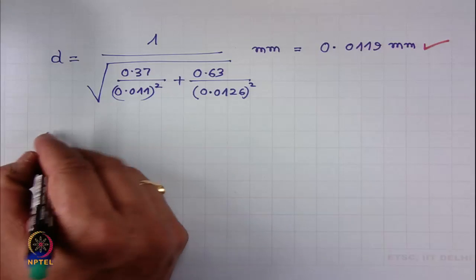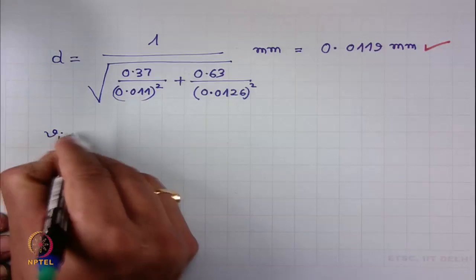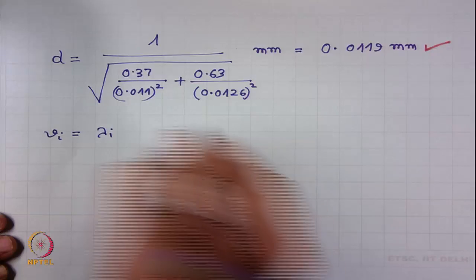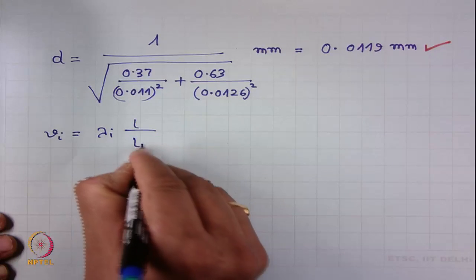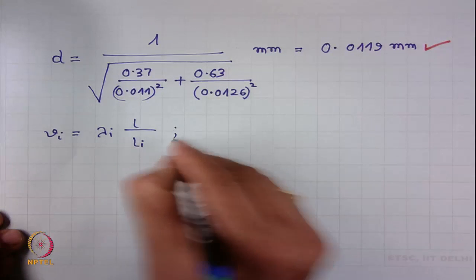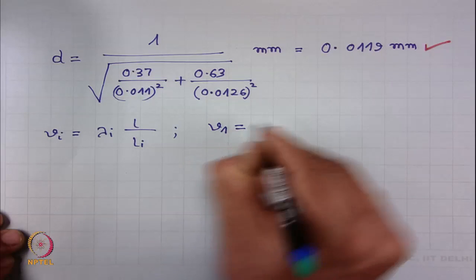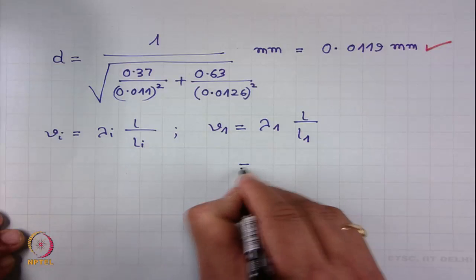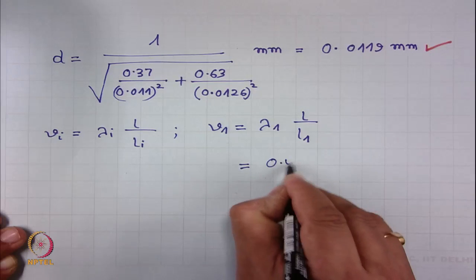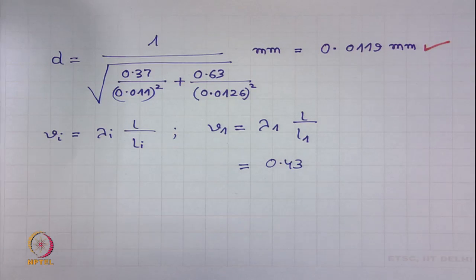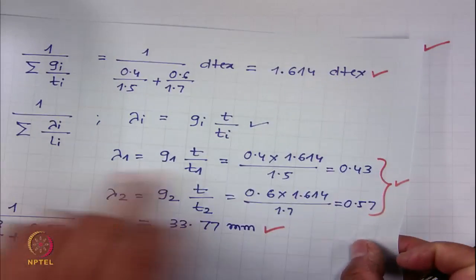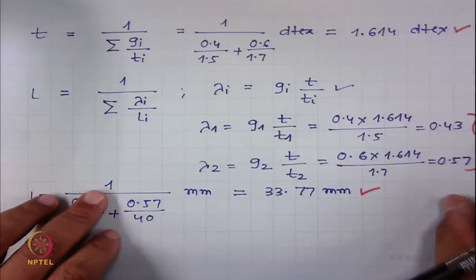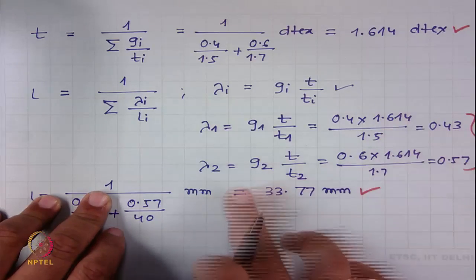For number fraction we use the formula: nu is length fraction into L by individual length. So, nu 1 is lambda 1 L by L1. You remember lambda 1 was 0.43, lambda 2 0.57.